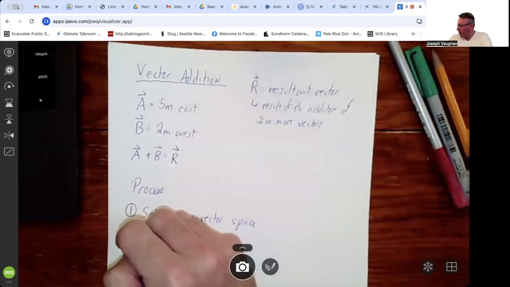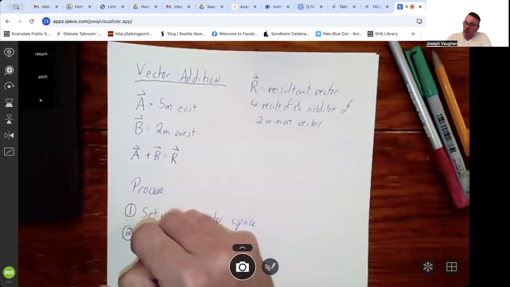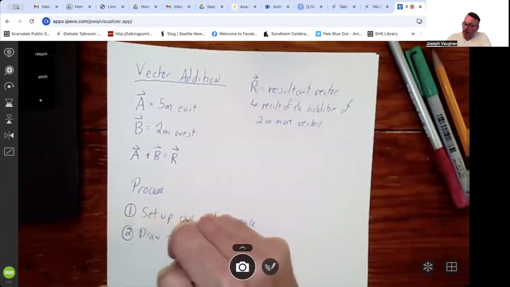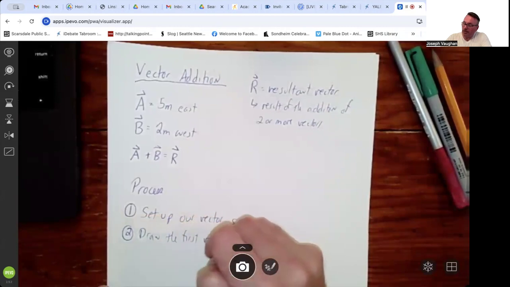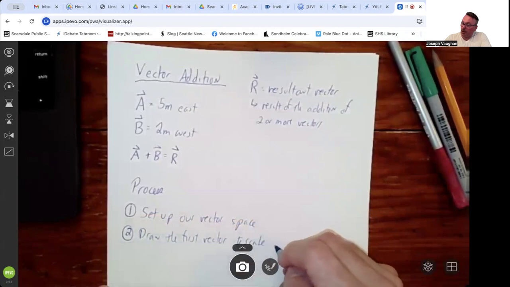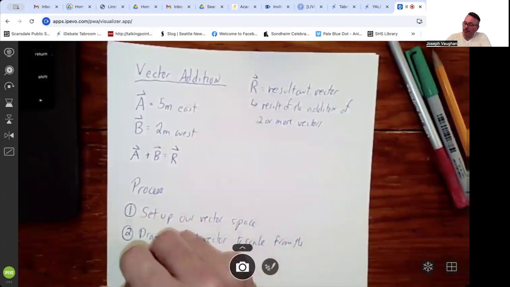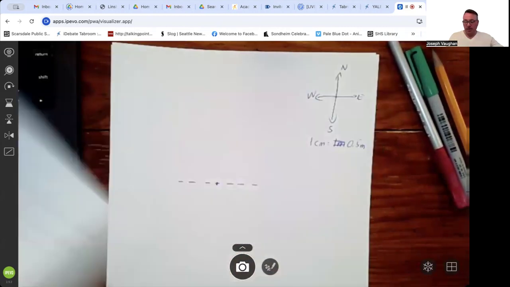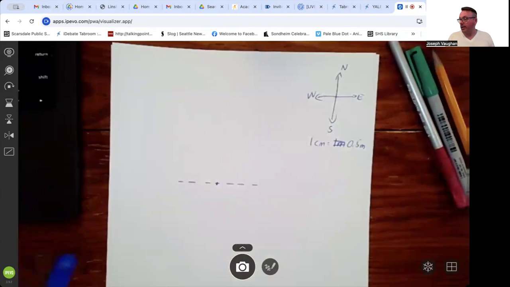The next thing I'm going to want to do is draw the first vector to scale from the start point. Okay, so here we go. I'll use my blue pen for that.